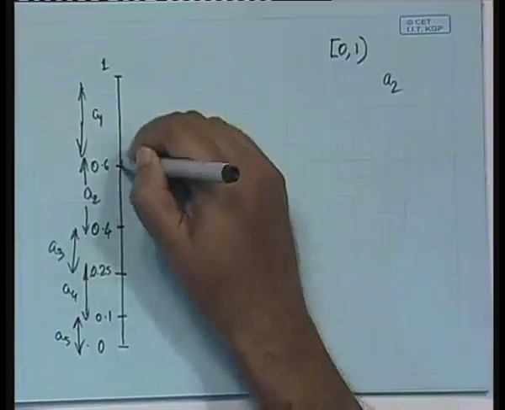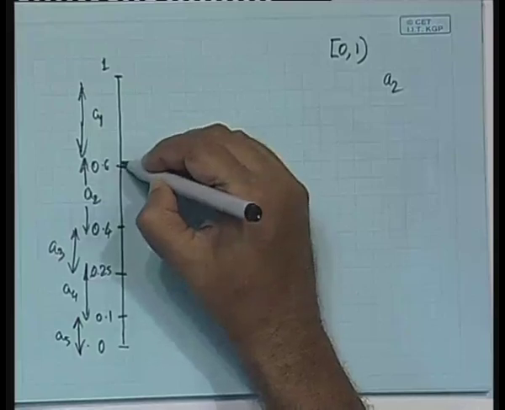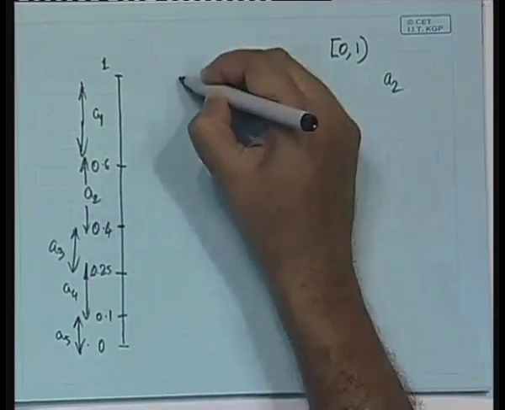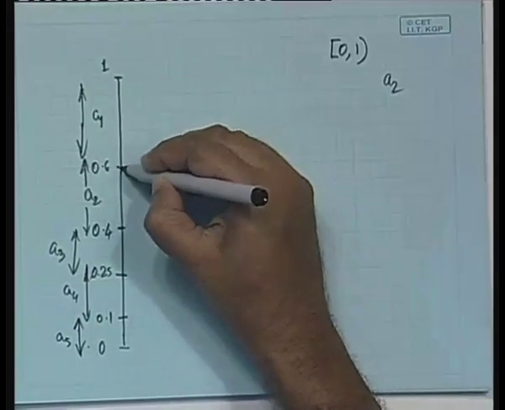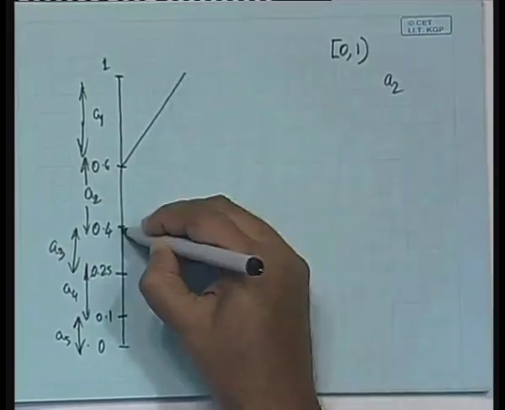Now, in order to represent the symbols that follow after A2, we must expand this segment of 0.4 to 0.6 to a length that is the same as that of the 0 to 1 range. So we just expand this.